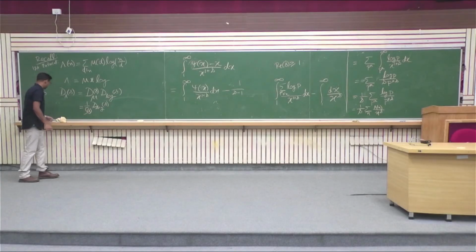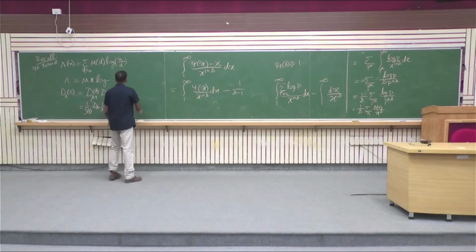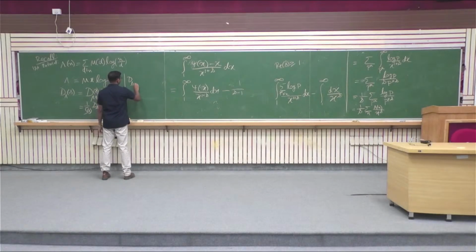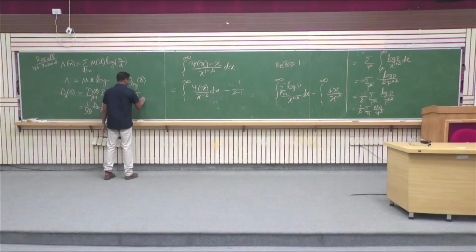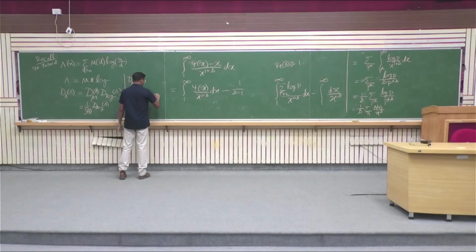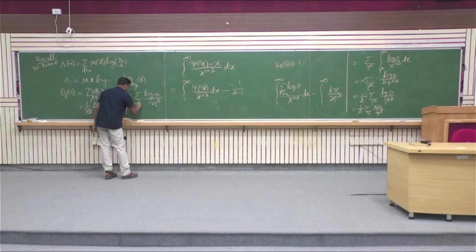Can you write down the series and see? This is a sum over log n / n^s, n running from 1 to infinity, right?